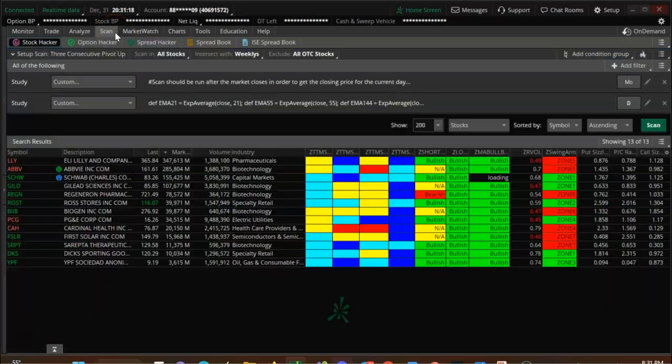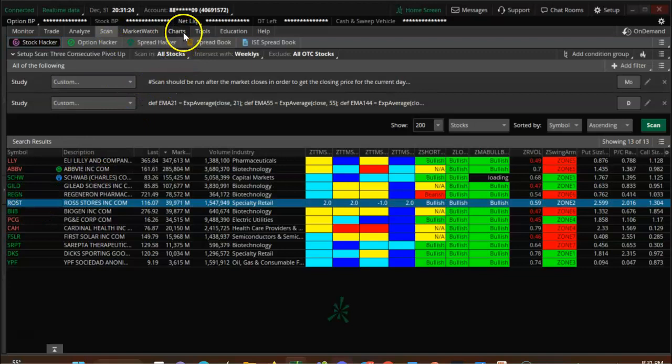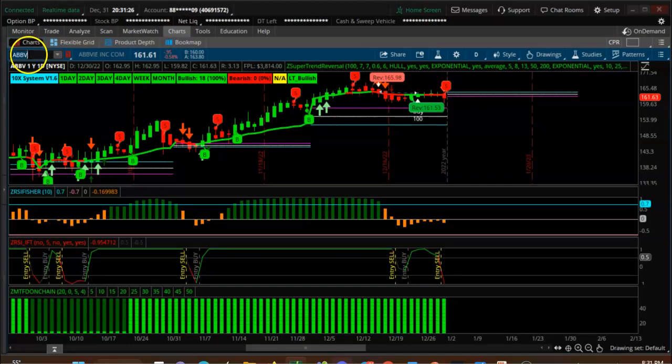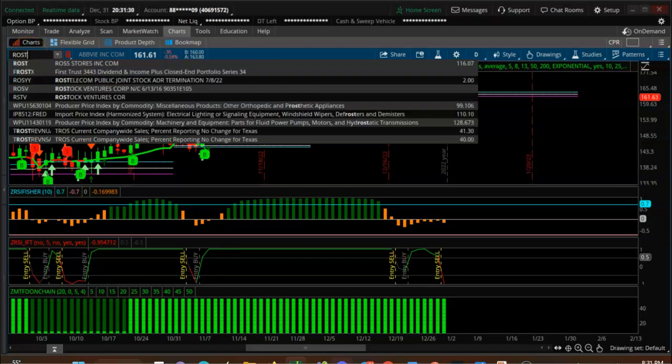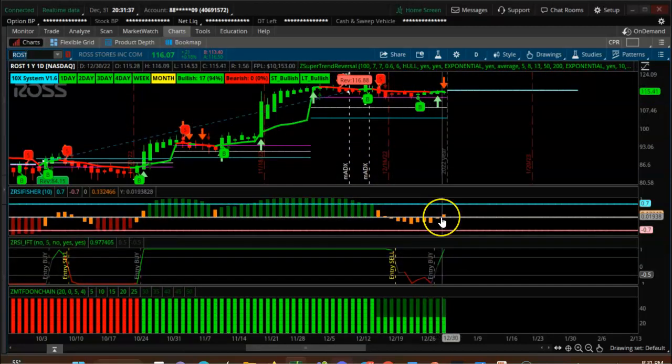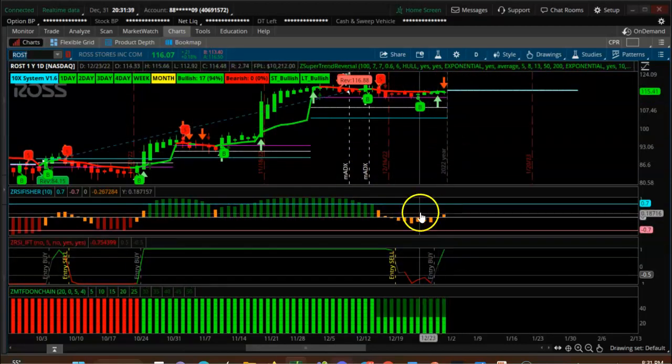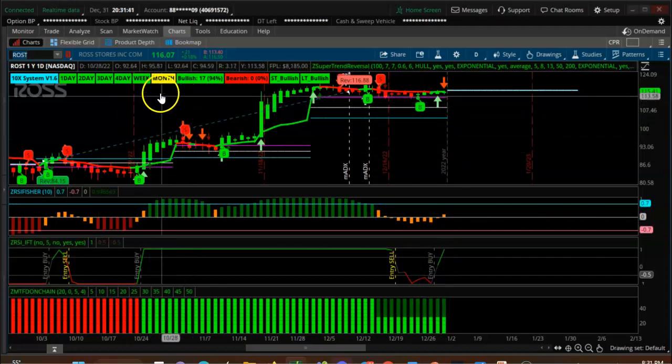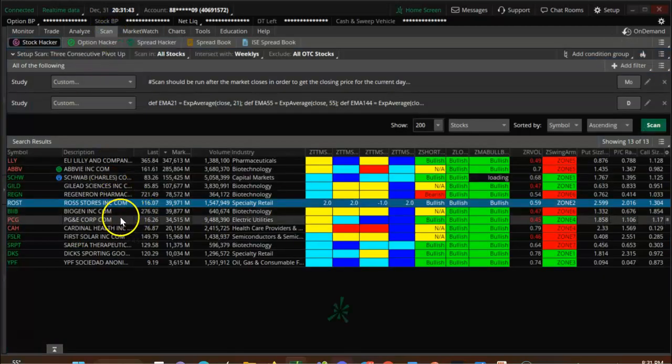Okay, the next one is ROST, Ross Stores. Okay, you can see this is also a buy signal here. The trend is up, so it's bullish. Okay, next one is PCG.